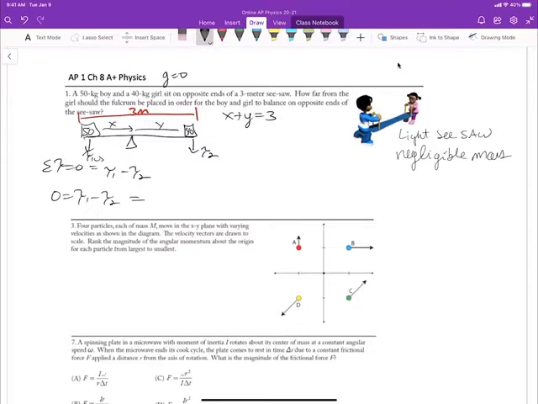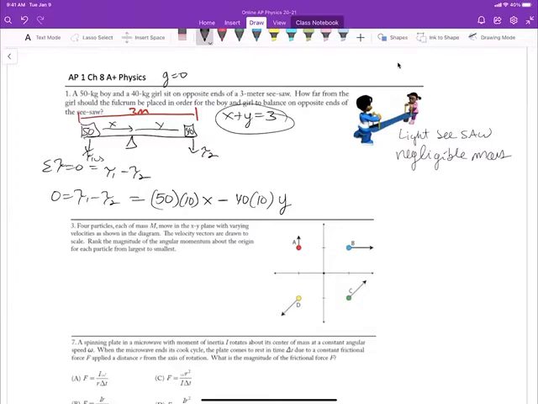We know that torque 1 is equal to 50 times 10, which is the force of gravity, times some distance x, minus 40 times 10 times the distance y. I have 2 unknowns, and I have 2 equations.